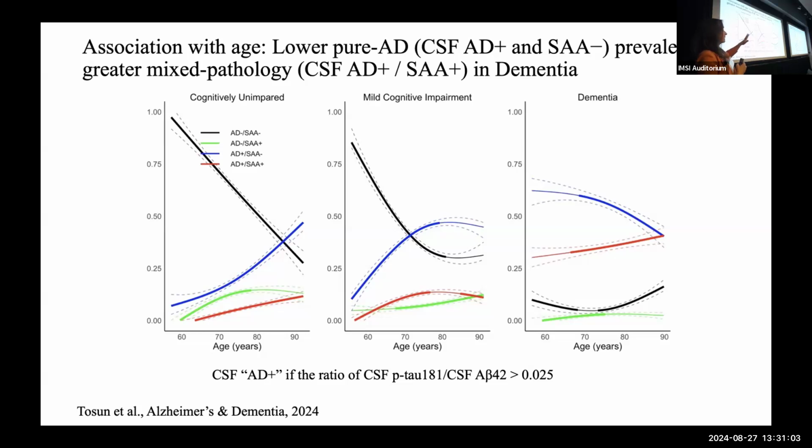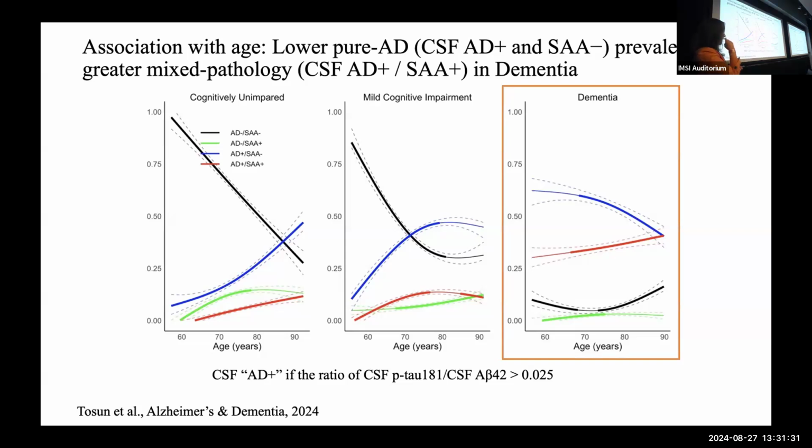But when we look at the dementia cases, the story is more complicated. If they are younger with a dementia diagnosis, they tend to present with more pure AD pathology, meaning they have the amyloid and tau, but not necessarily Lewy body. If they're older, they might have lower amyloid and tau pathologies, but still significant, and they present with co-pathologies like the Lewy body pathology. So there's a complicated nonlinear landscape of how these pathologies are interacting.